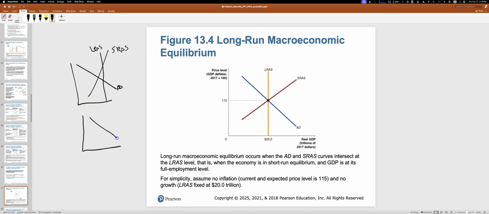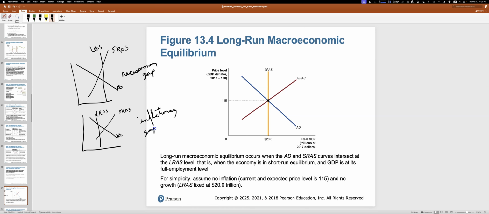Or alternatively, I could draw an economy that's in a short-run equilibrium, but is to the right of the long-run aggregate supply. And what we're going to see is that this is called a recessionary gap. And this here is called an inflationary gap.